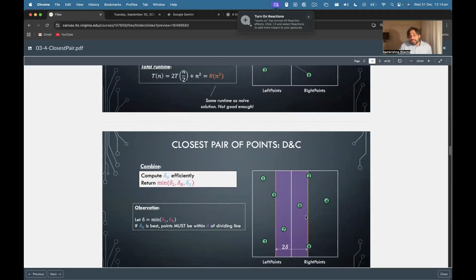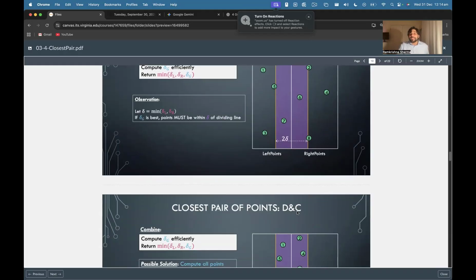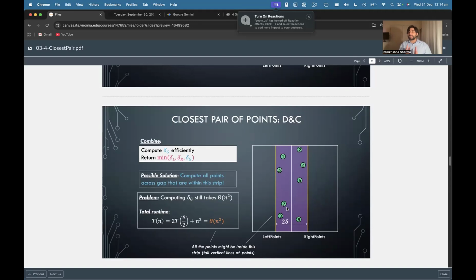But when we're talking about time complexity, we're thinking about what could happen in the worst case. In the worst case, every single point could in fact be in this dividing strip, and we would eventually fall back on actually having to do a quadratic search, right? The time complexity would be quadratic because if every point was in this midline here, we would have to compare every point with every other point, and we'd still be quadratic, and there wouldn't have been an optimization.